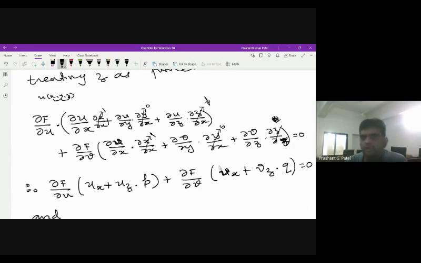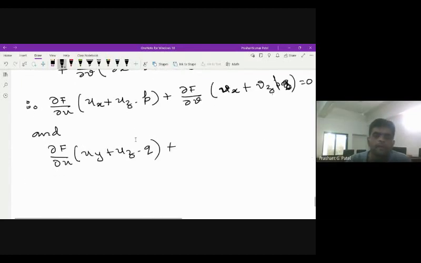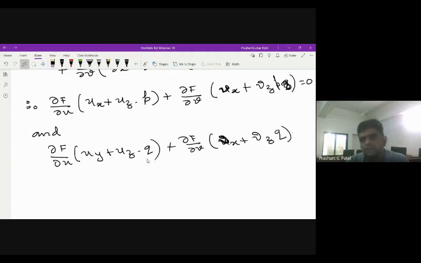So this is not q, but this is p. And hence here it is q, and this is del f by del v into vx plus vz q equal to 0.